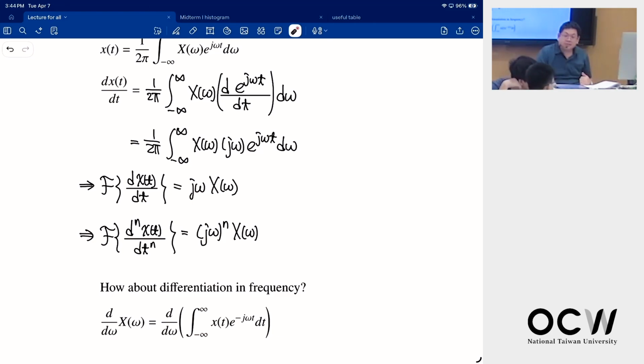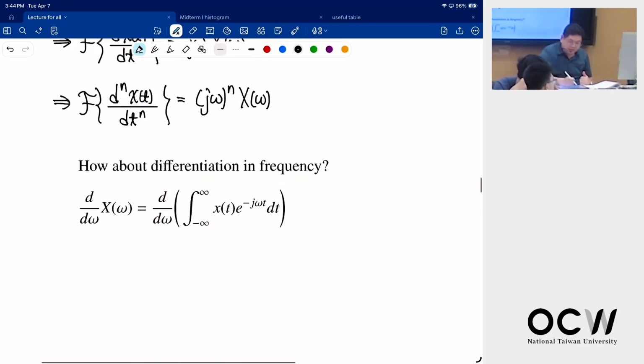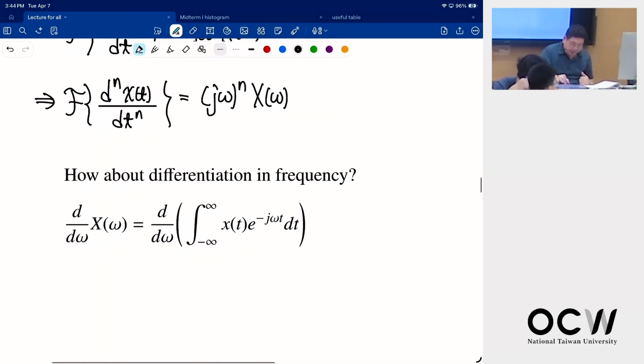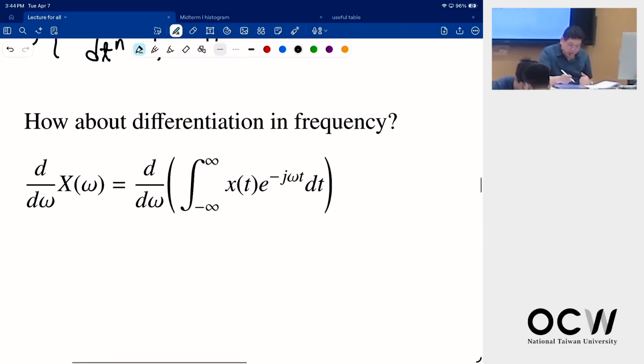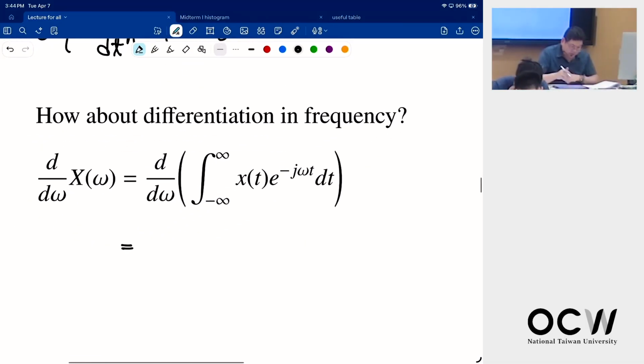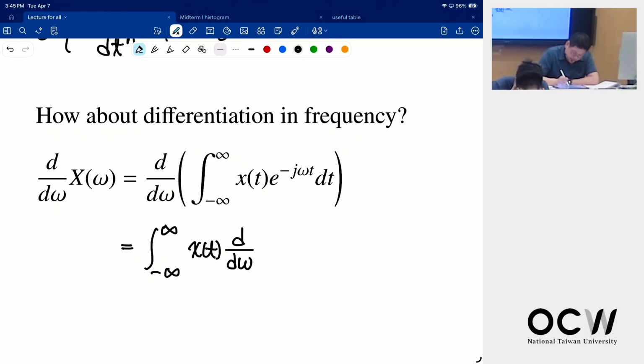Right. Let's see. If I take the differentiation in frequency domain, now here it is X, d over d omega, e to the minus j omega t, dt.